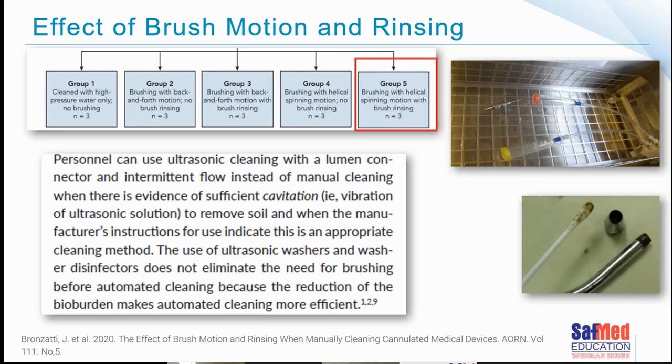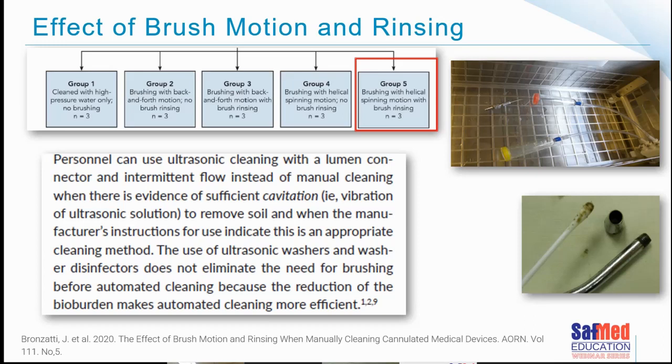They then said in the published paper, here's the extract, that personnel can use ultrasonic cleaning with a lumen connector and an intermittent flow instead of manual cleaning where there's evidence of sufficient cavitation. So that's the vibration movement, of course.